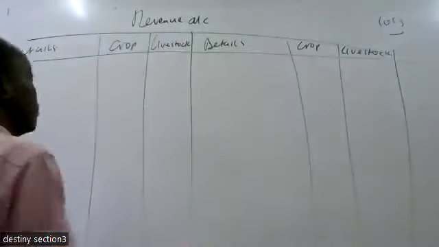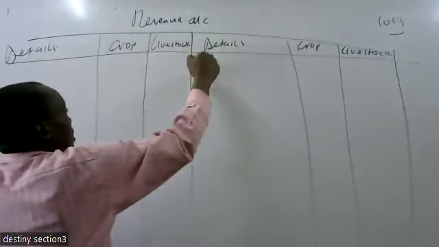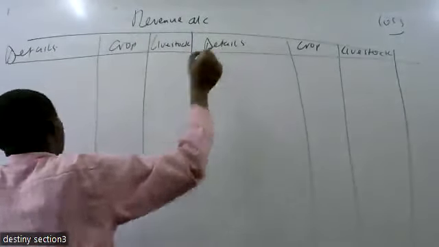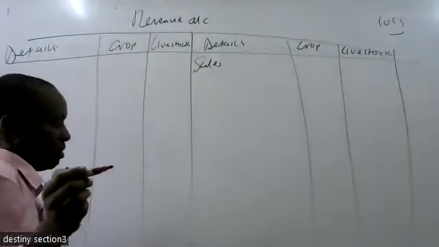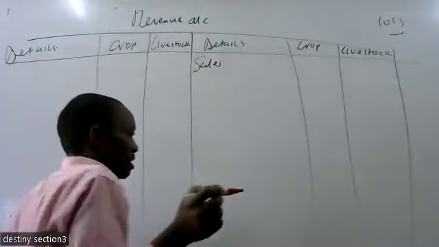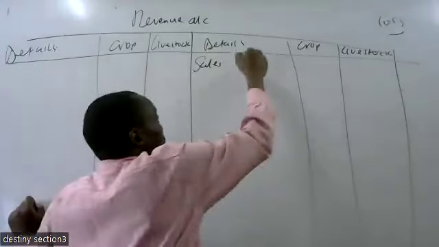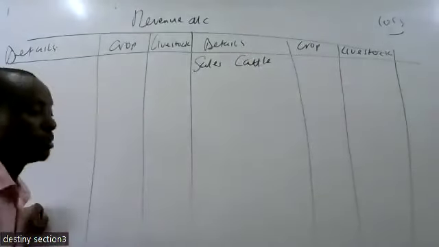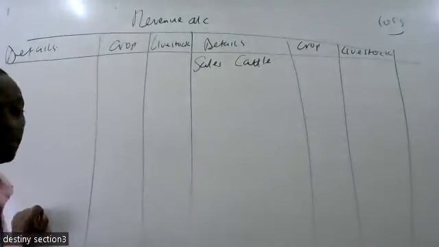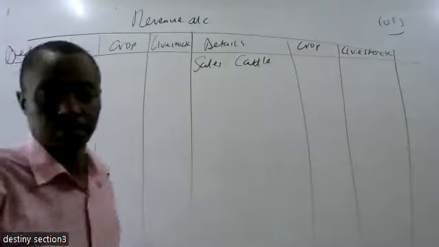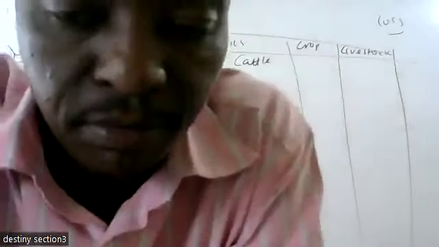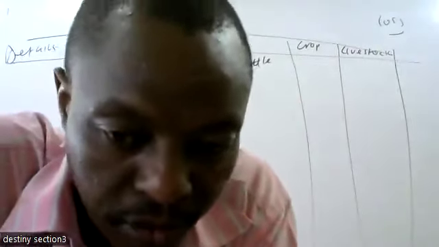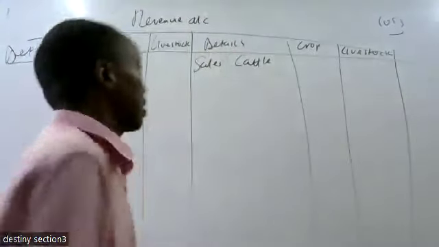Okay. Let's start with sales. We have sales of cattle. How much? 8,100, right?